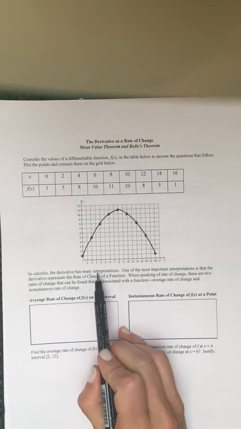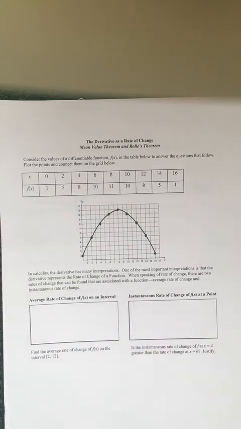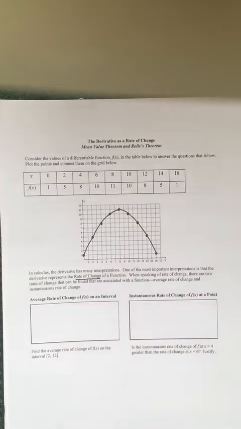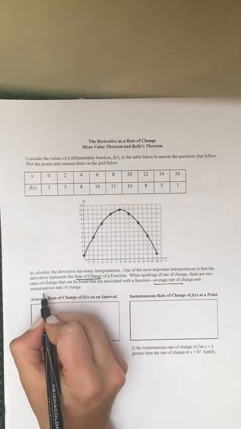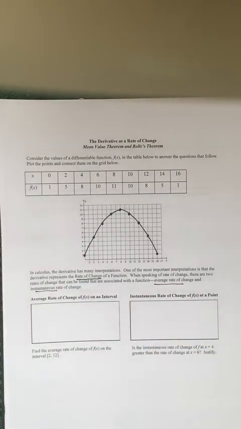So we've been talking about lots of interpretations with the derivative, and a really important one, of course, is rate of change. We've been talking about two different types of rate of change. We spoke about average and instantaneous.